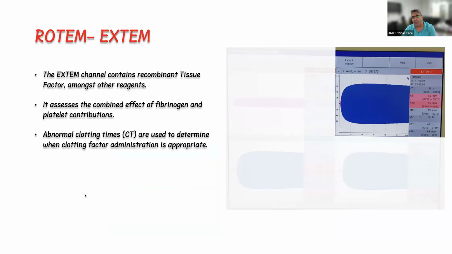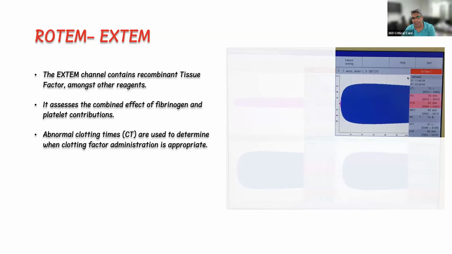First of all, I told you about a temogram or one fraction of the diagram, which is called the EXTEM. It represents the extrinsic pathway. It contains the tissue factor and other factors for coagulation. It assesses the combined effect of fibrinogen and platelet. Just be careful what I'm talking about. This is very important.